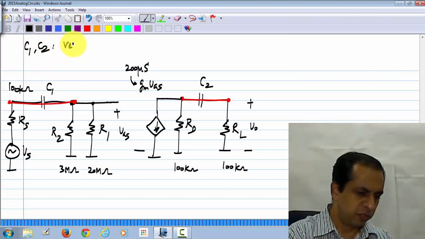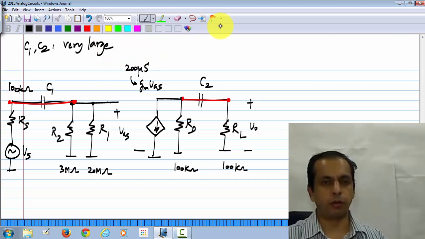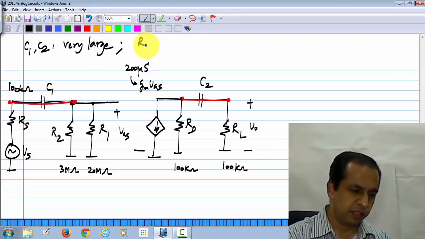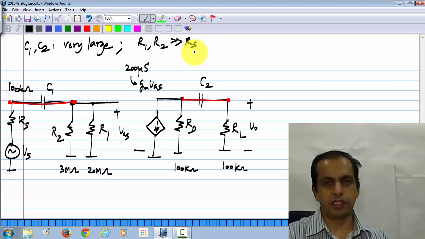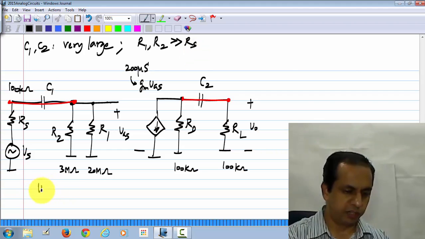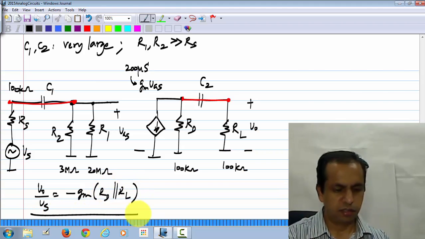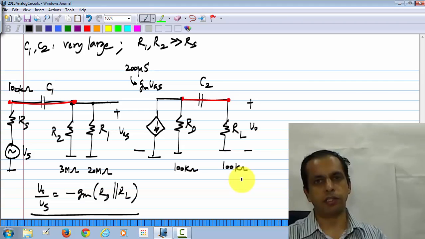C1, C2 very large. I will not specify the value, but we do know how to calculate that, and similarly R1 and R2 are much more than RS. In this case, we know that the small signal gain V naught by Vs is minus GM times RD parallel RL according to our previous calculation.